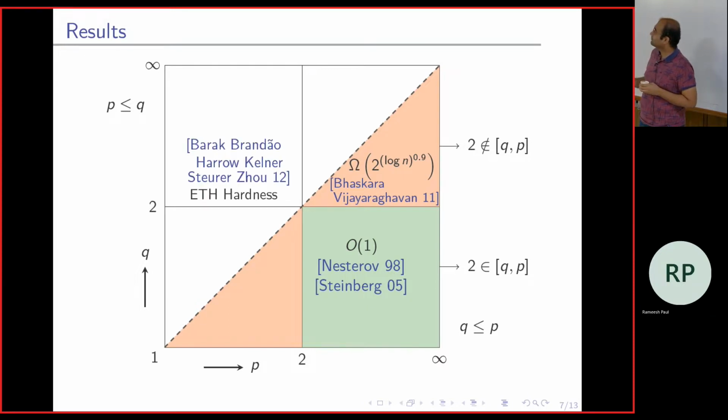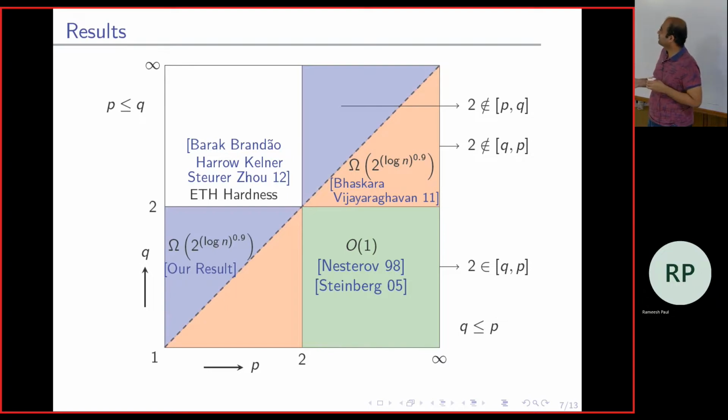In this regime, we know an ETH hardness, but it's not as strong as we suspect it is. We suspect that 2-to-4 norm is really hard, and 2-to-4 norm lies here because of this connection with small set expansion and quantum function theory, and we would like a better hardness here, but pretty much have no idea how to do it.